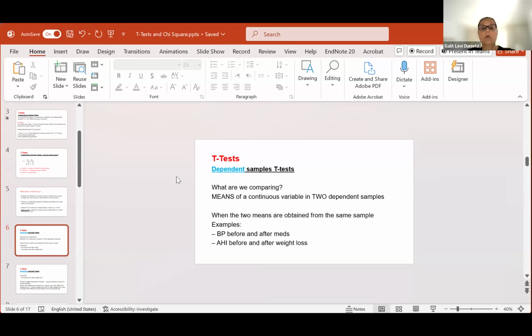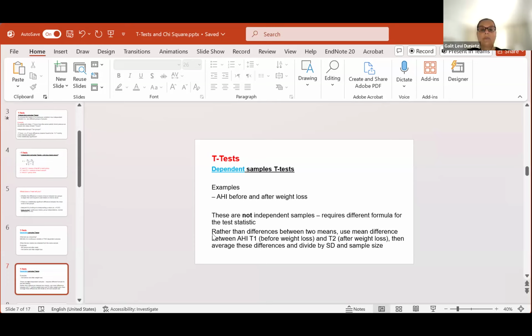Here are some examples. We look at blood pressure before and after medication use, comparing means before and after the medications, or we're looking at apnea-hypopnea index before and after a weight loss program. So this is when we're using dependent samples, because it's the same person before and after a certain intervention.